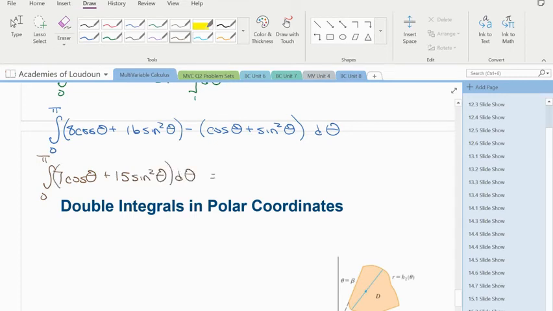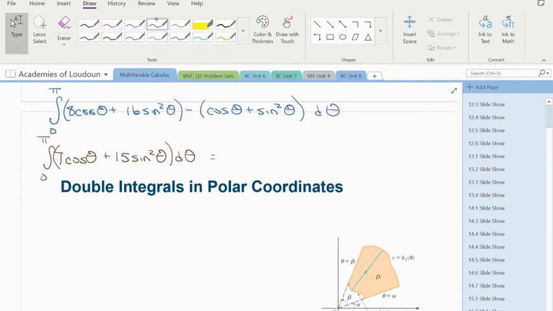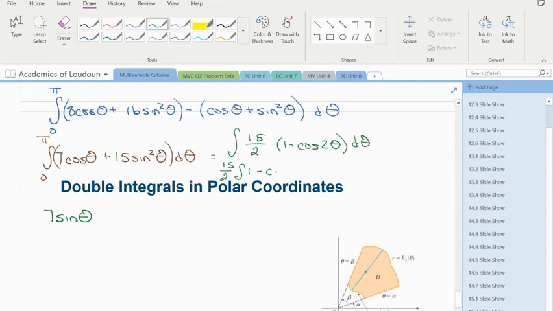So we have the integral of 7 cosine theta becomes 7 sine theta. And remember to integrate sine squared theta, we're going to use the power reduction formula. So we're integrating 15 halves times 1 minus cosine 2 theta d theta.